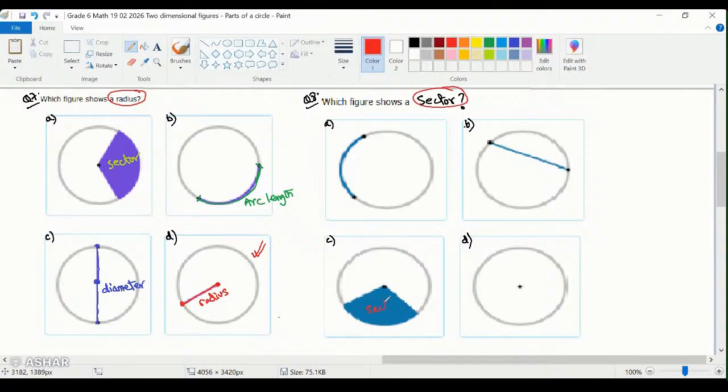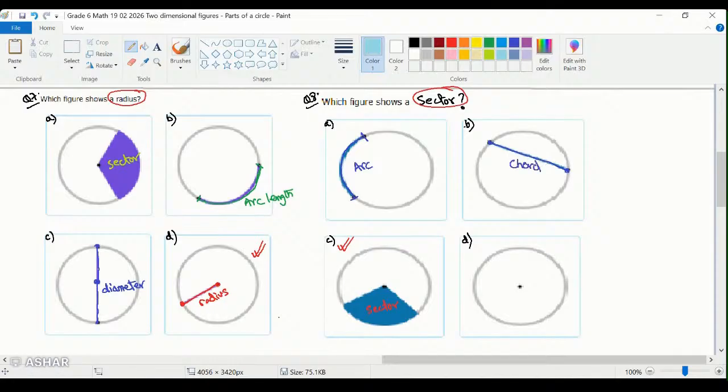This would be the sector, agreed? Option number C. Perfect. Whereas option number A was arc length. B was not passing through the center, right? So B was a chord.